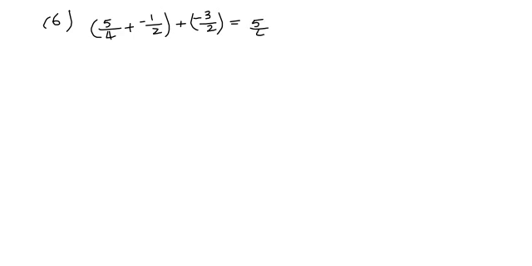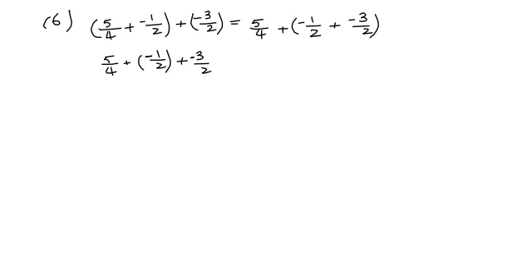Is equal to, we'll write it again. We are writing that 5 by 4 plus of minus 1 by 2 plus of minus 3 by 2. I'll go for this one also. We can write it directly. So 5 by 4, plus into minus is a minus, minus 1 by 2.